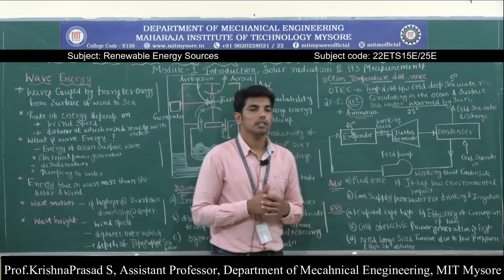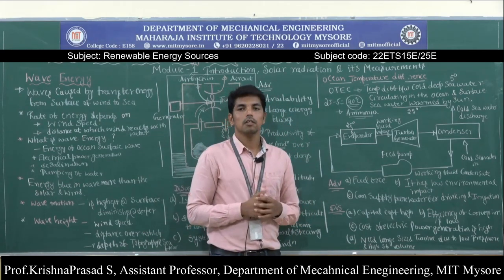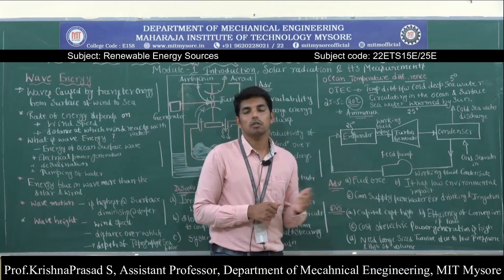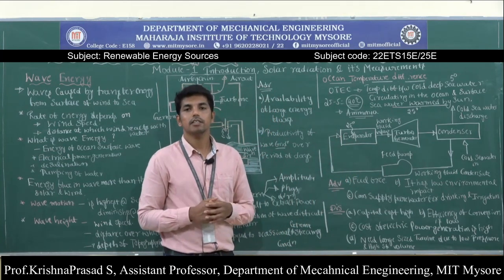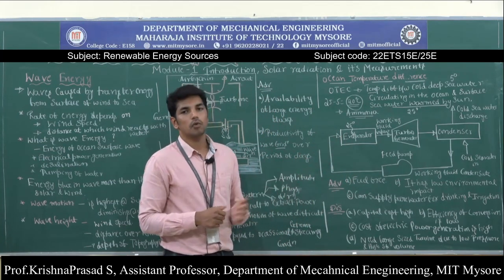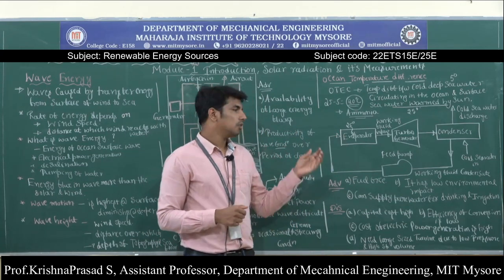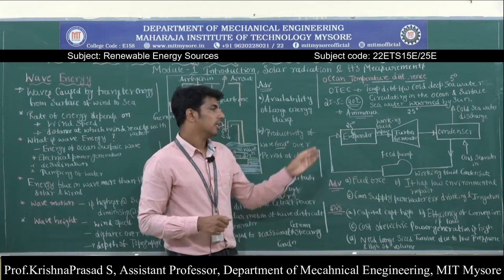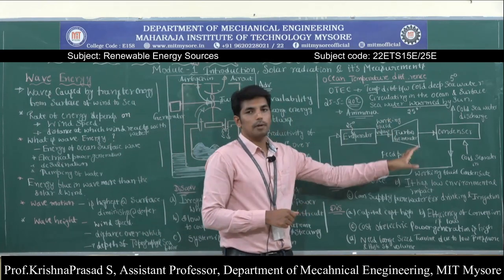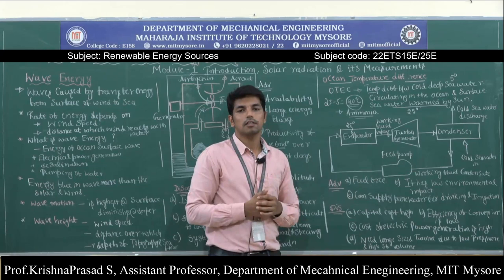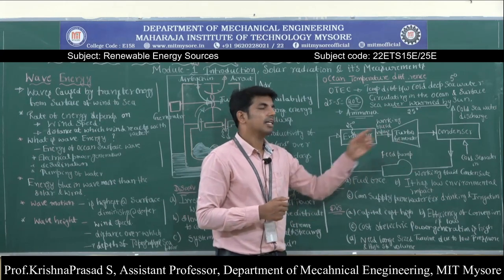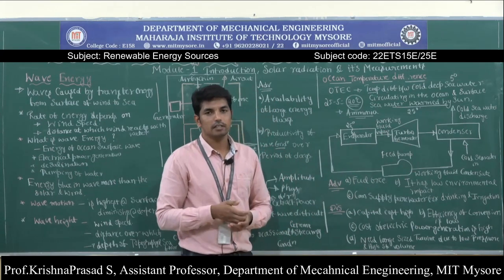So ocean thermal energy conversion uses the ocean surface sea water at about 25 degrees centigrade to evaporate the working fluid, like liquid ammonia, in the evaporator. Once the working fluid is vaporized, it expands in the turbine and spins the turbine, which in turn is coupled to the electrical generator to produce electricity.